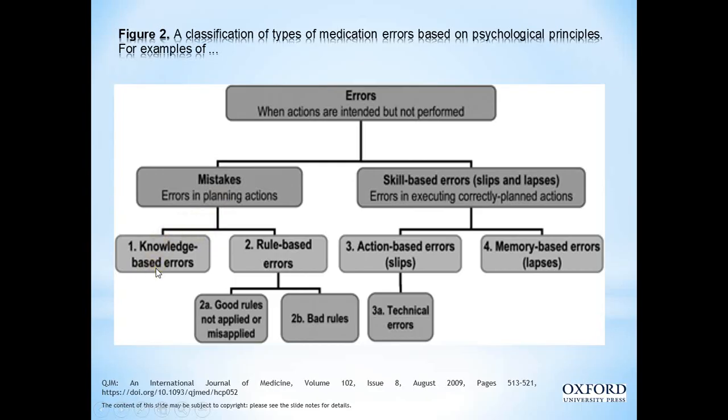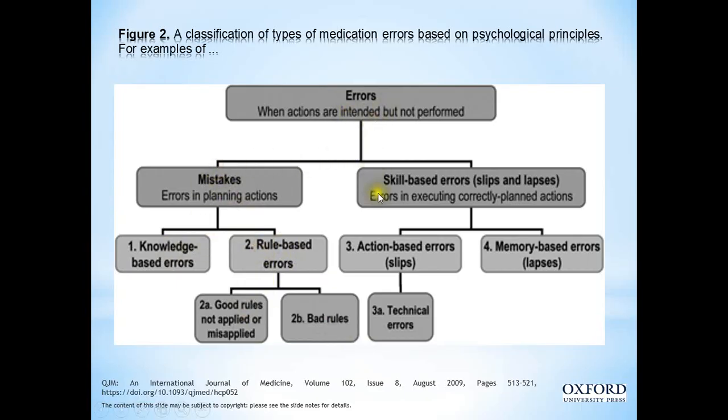One is knowledge based error, that is, the physician, the pharmacist, or the nurse does not have enough knowledge and makes mistakes in practice. And the second one is rule based error, where a good rule is not applied or misapplied, or bad rules are applied. So these two kinds of mistakes may produce the errors.